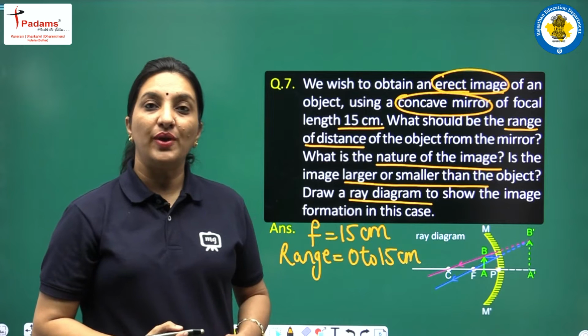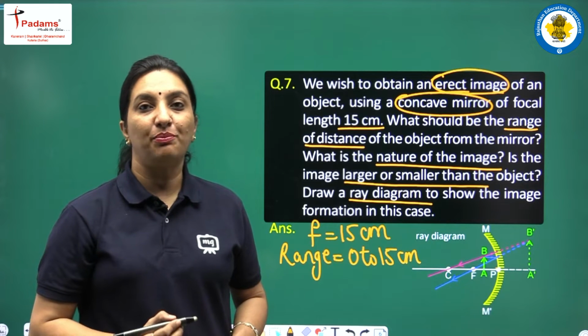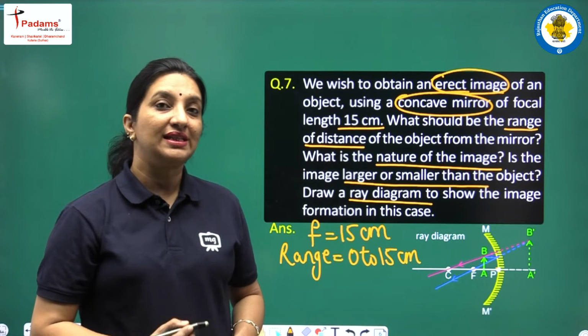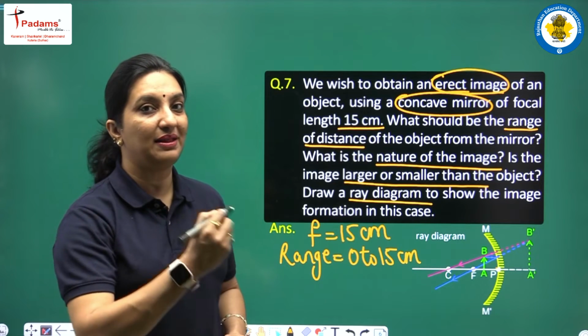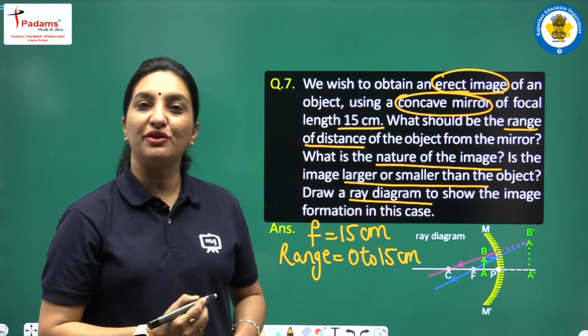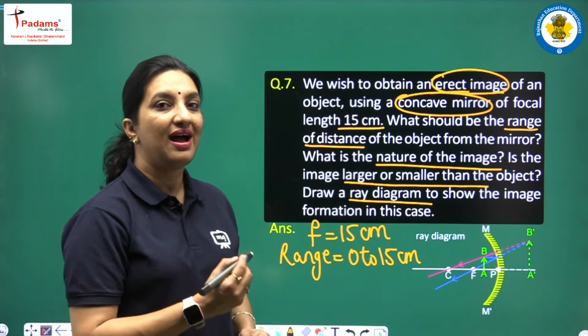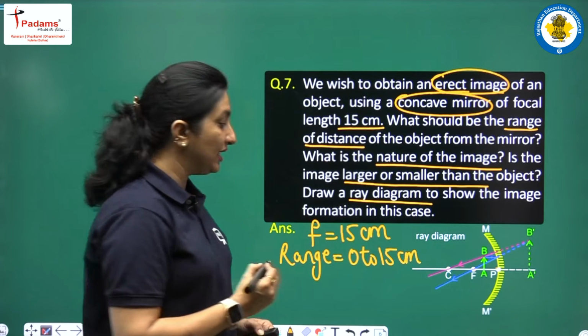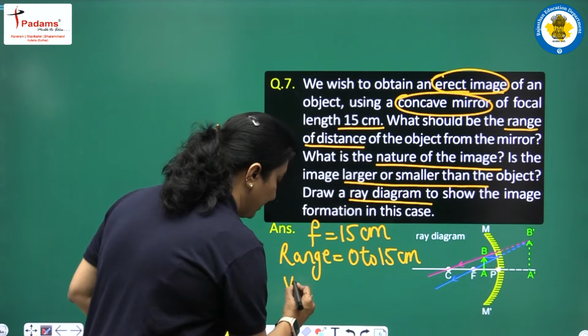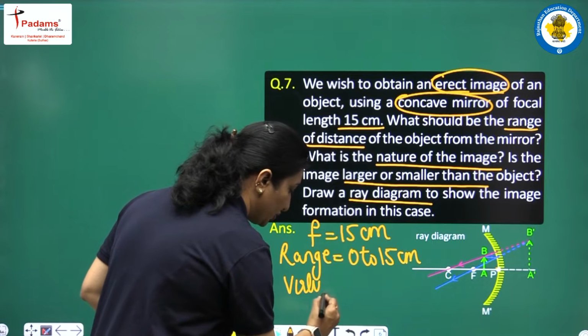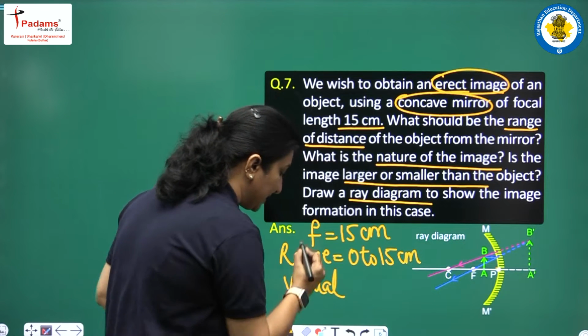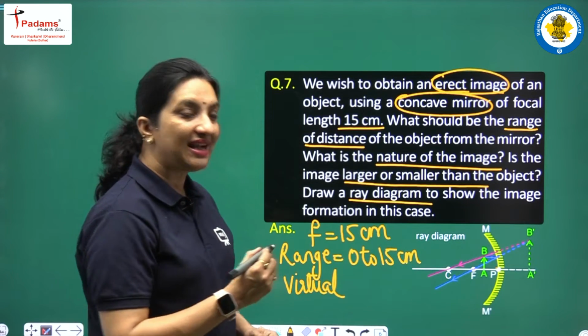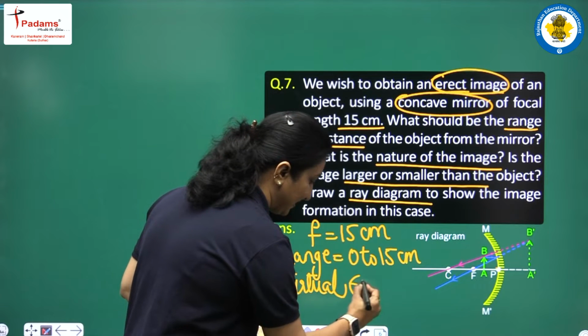So we know that when the object is positioned between the pole and the principal focus, the image is formed behind the mirror, and the images which are formed behind the mirror are actually virtual. So the nature of the image will be virtual, and as we know students that all virtual images are erect.